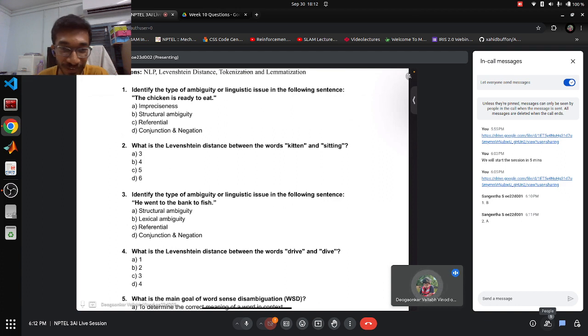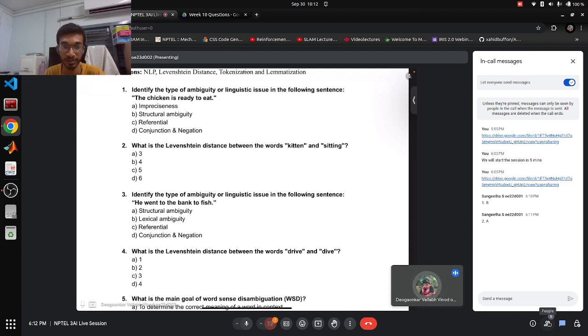The next question is what is the Levenshtein distance between the words kitten and sitting? This refers to the minimum number of insertion, deletion or substitution operations that you need to perform to convert one word to the other, out of which you are only allowed to use an insertion, a deletion or a substitution operation.